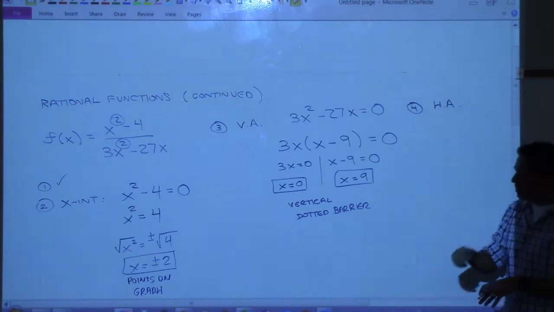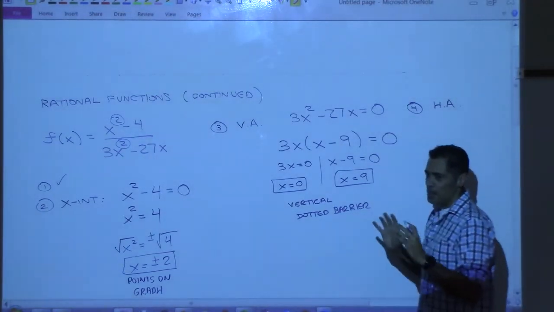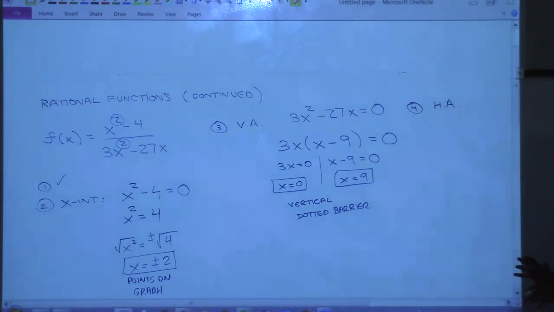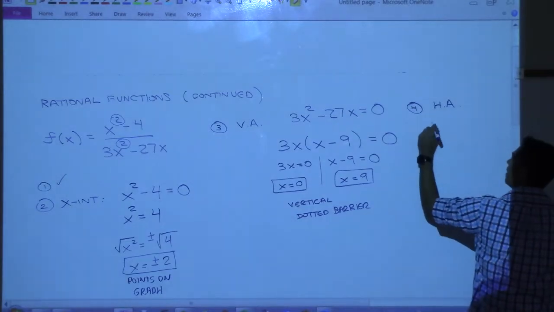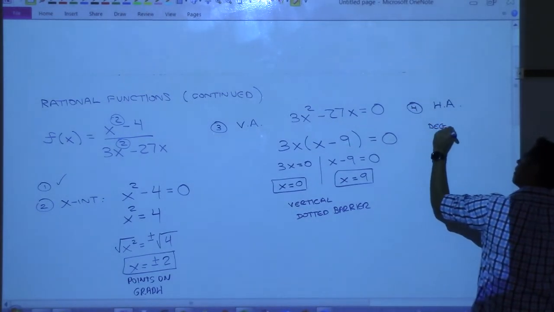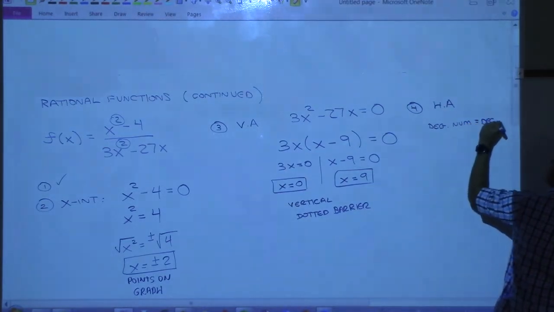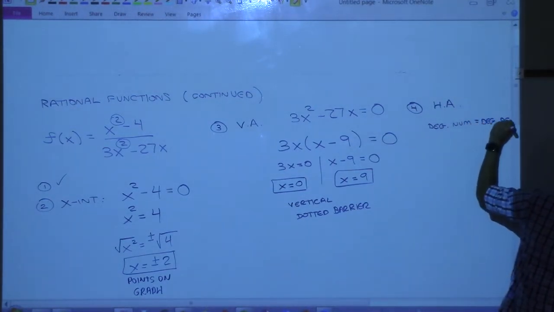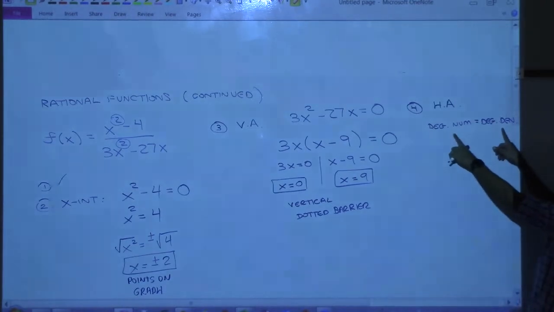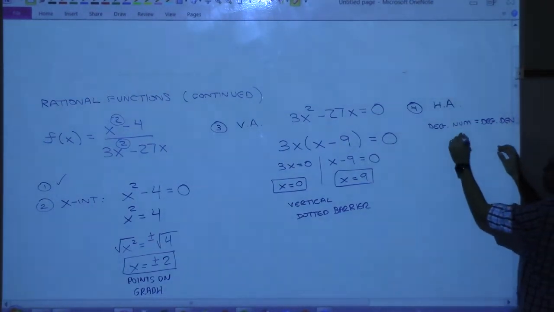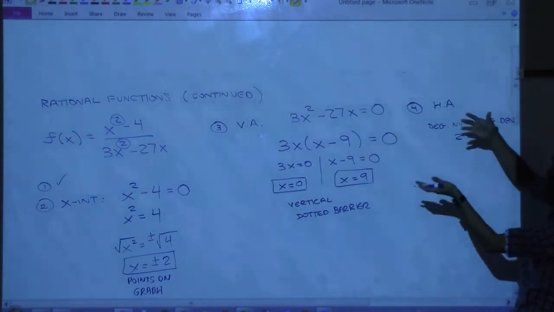But they're the same. And when they're the same, we have to do something very special, all right? So right now I'm going to say the degree of the numerator is equal to the degree of the denominator. In other words, we have 2 equals 2, right? Top and bottom are the same.